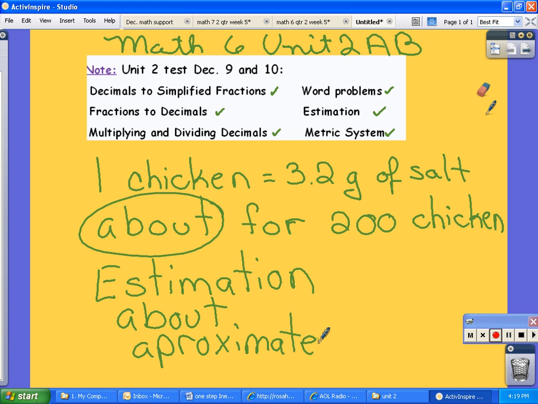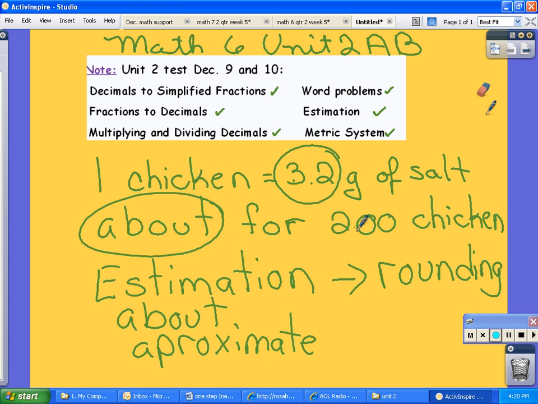To estimate, we do use rounding. There are other ways you can estimate, but we taught the kids to use rounding to estimate. So this 3 2/10 would round to 3. And then I would say 3 times 200, which is 600, and that would be my answer.